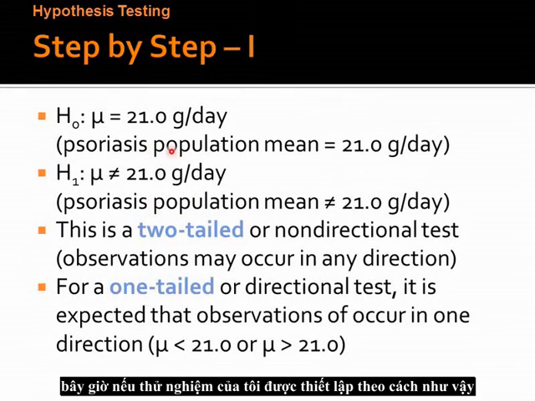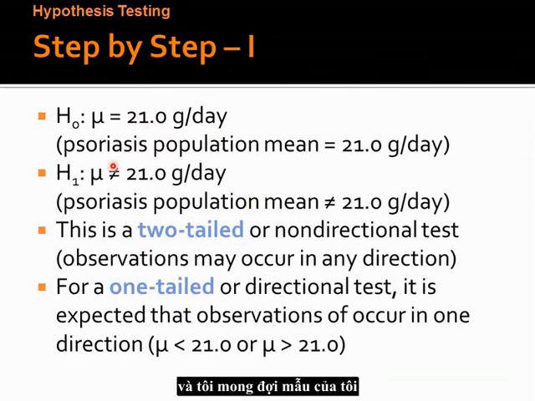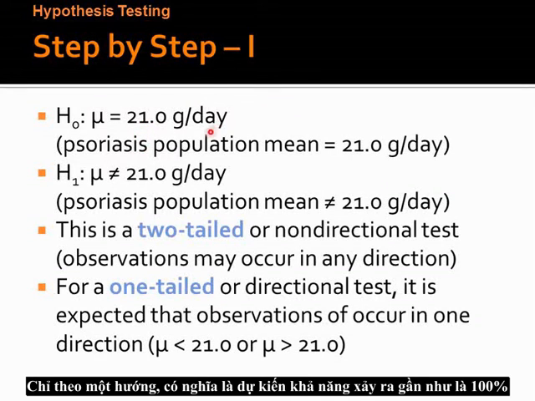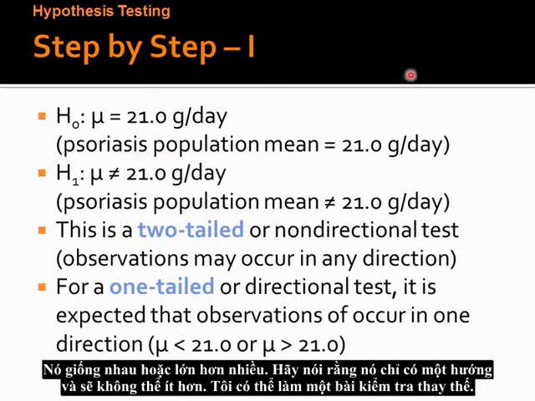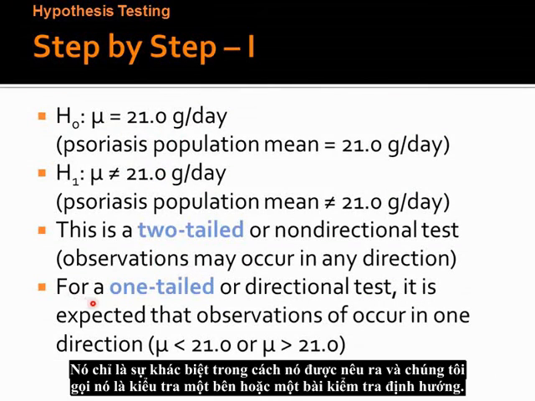Now if my experiment is set in such a way that I expect the sample that I'm testing to be only in one direction, meaning the possibility is almost 100% that it's either the same or it is far greater, let's say it's only one direction, it's never going to be less, then I can do an alternative test.